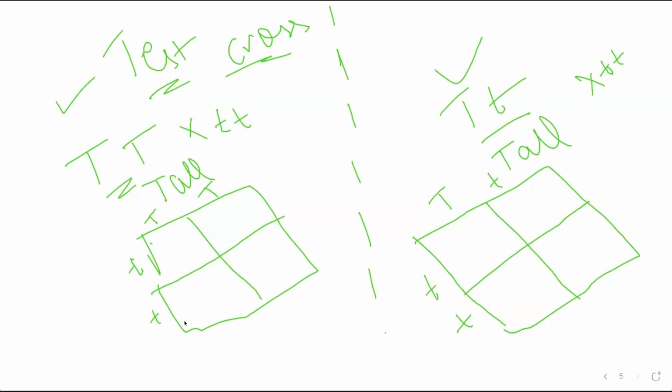Okay. Let us see the result in the first generation. Capital T, small t. You have a capital T, small t. Again, you have a capital T, small t. For the second one, you have a capital T, small t. You have a small t, small t. Then you have a capital T, small t.